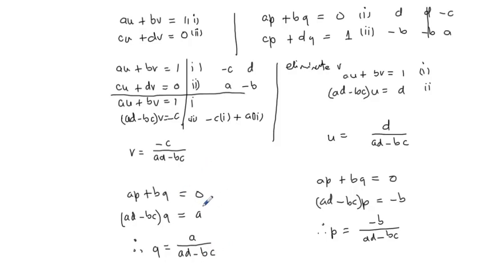Please don't worry about this. Nobody's going to ask you to do this. I'm just doing it for you so that you understand at the end where this thing comes from. Okay, so that is the thing.